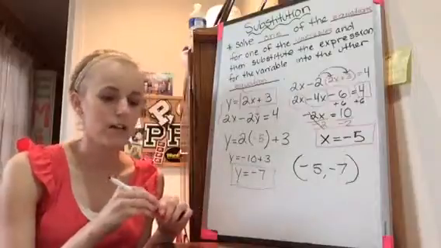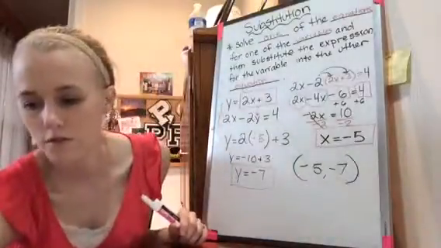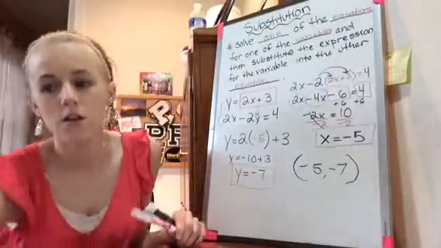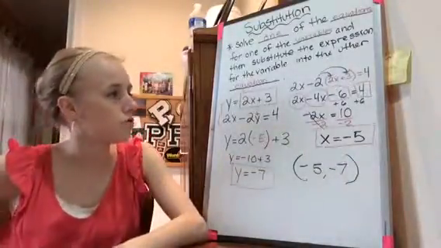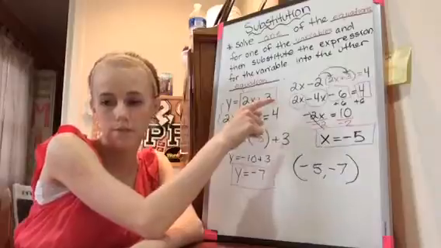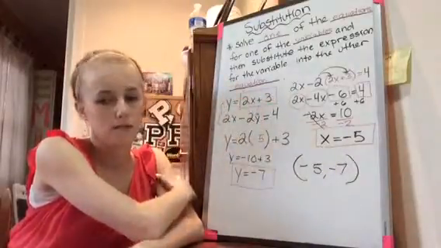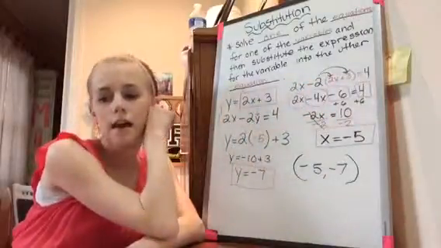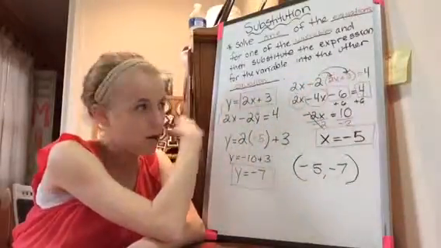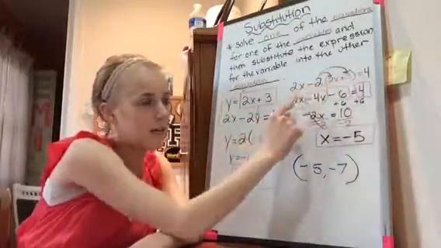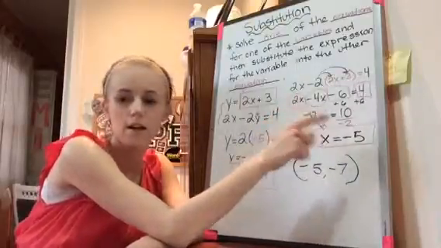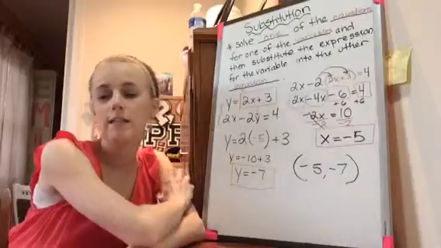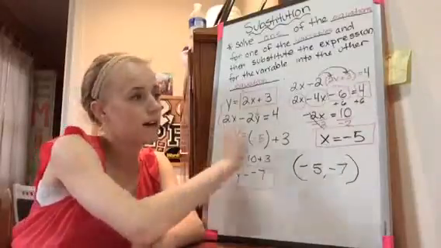So first, I need to do the following, and this correlates with your notes. You need to substitute 2x plus 3 for y. All right, we did that here. Then we used the distributive property, which we did, to get 2x minus 4x minus 6 equals 4. Then we need to add 6 to both sides.